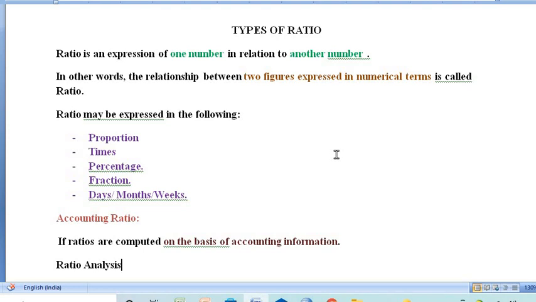That we call an accounting ratio. So it may be between incomes, or income and expenditure, or between expenditures, or between assets, or between liabilities, or one from income and another from assets. Any combination for which we find a relationship and compute a ratio, such a ratio we call an accounting ratio.